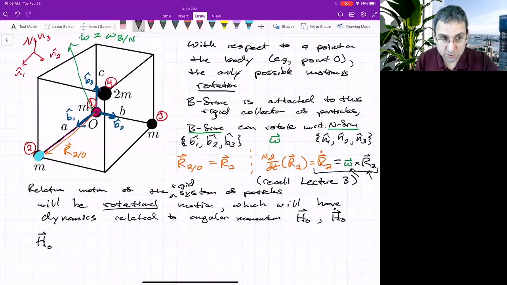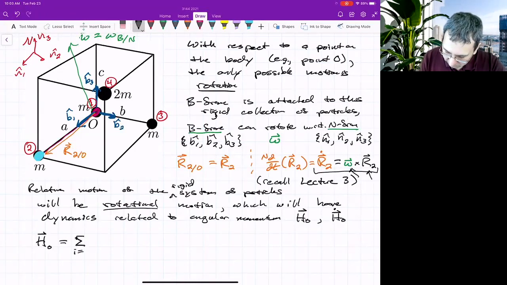So let's write what the angular momentum is for this system of particles. It's 4 particles, so this is going to be a sum, i goes from 1 to 4, of Ri cross, well, the way I wrote it up above is I put the mass in the front, mi Ri cross Ri dot.